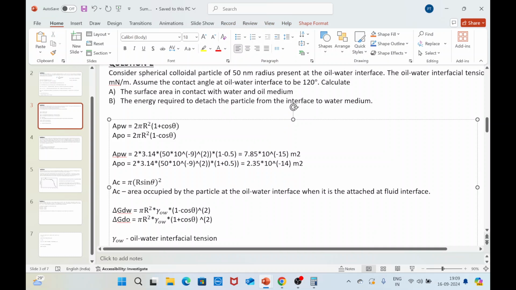So these two are the expressions for the energy that will be required to detach the particle from the interface to the water or oil medium.